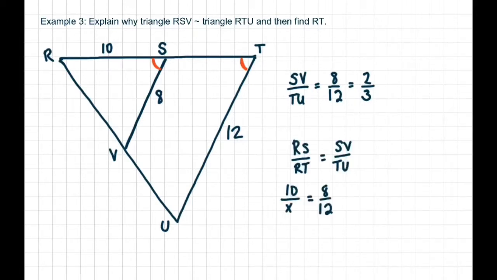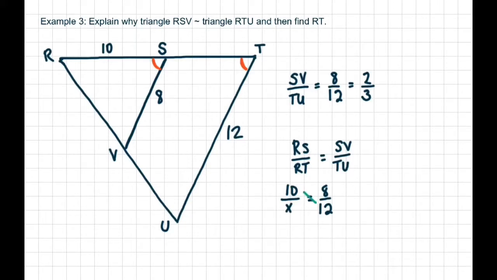Okay, so next I set up my sides that are corresponding. I have RS over RT, and we've already established SV over TU. So then I set up my proportion. I'm going to have 10 over X, because we don't know what RT is, and 8 over 12. Then I'm going to cross multiply.